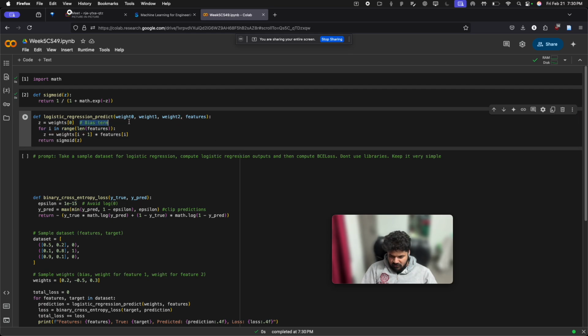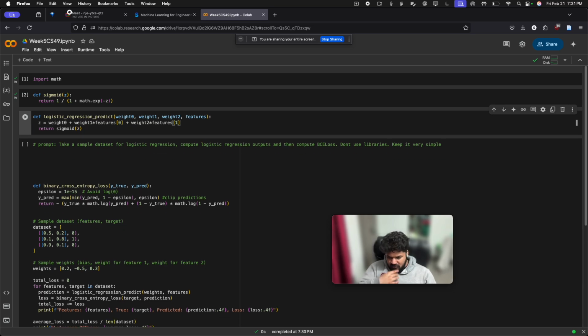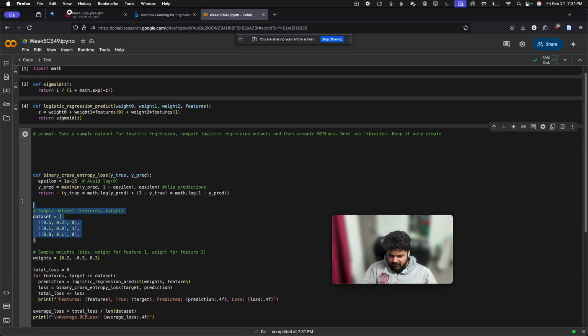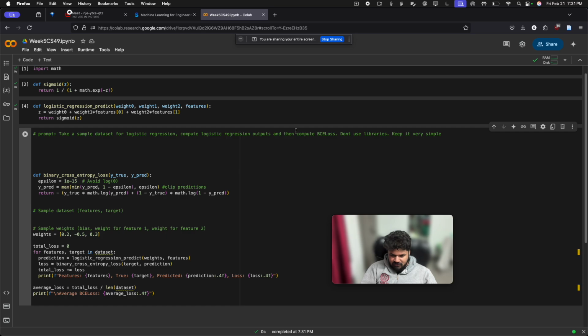So this gives me weight 0 plus weight 1 into features of 0 plus weight 2 into features of 1. Okay, return sigmoid of z. Now we have this, and we'll write binary cross entropy later on.